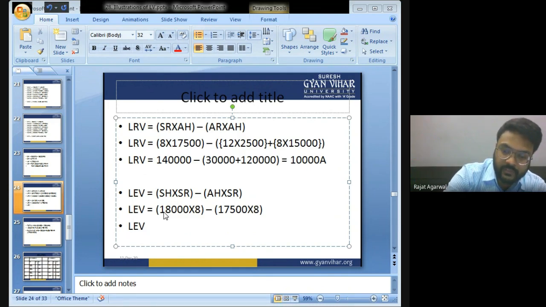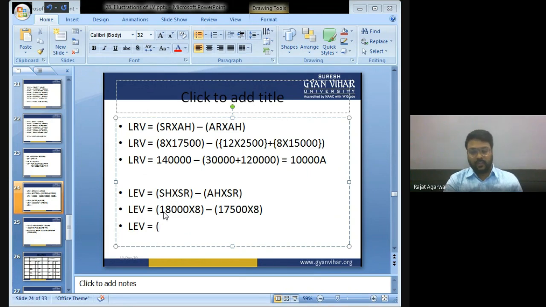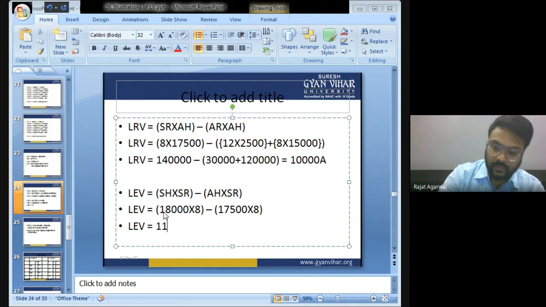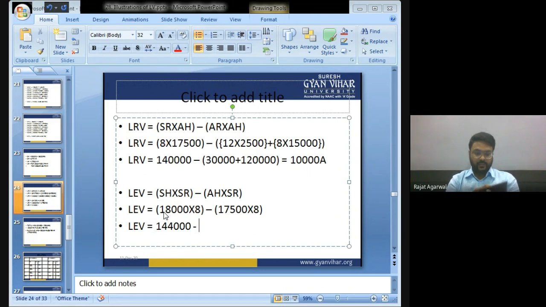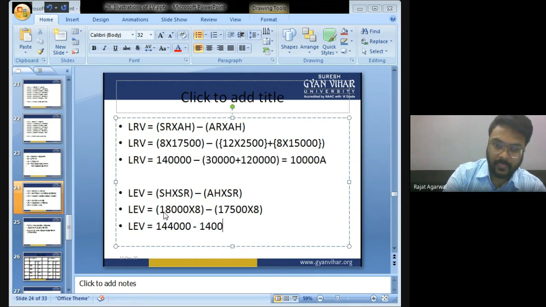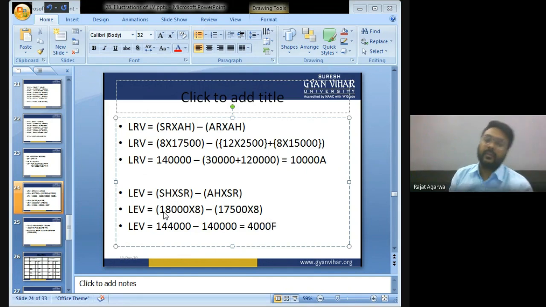Labor efficiency variance: 18,000 into 8 is 1 lakh 44,000, minus 17,500 into 8, which is 1 lakh 40,000. That is 4,000.